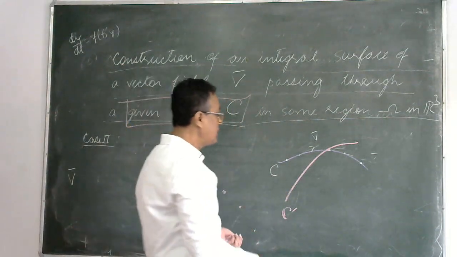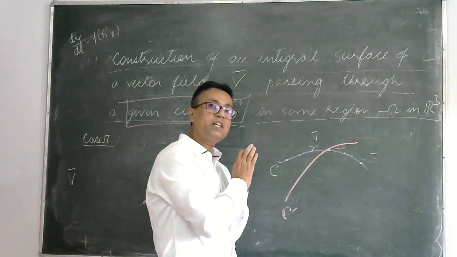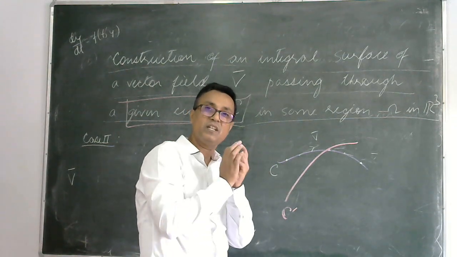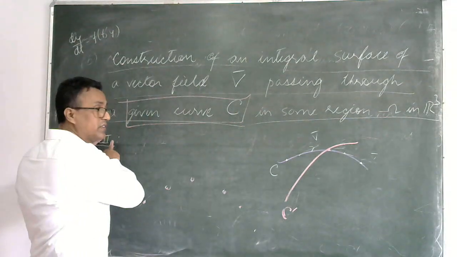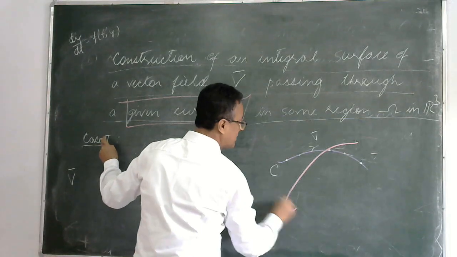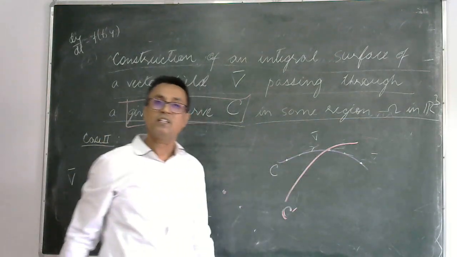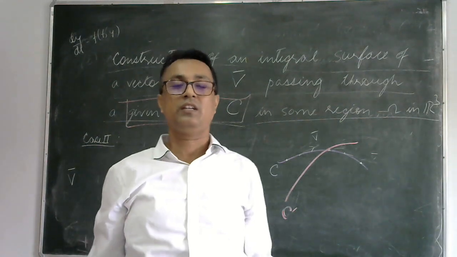Now I am claiming that if I repeat the same process that I did for case 1 for this curve C, it is going to generate an integral surface. Agree or disagree?